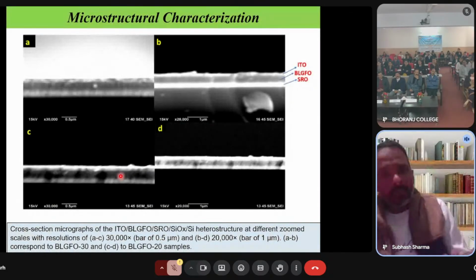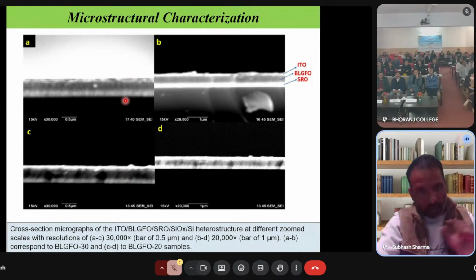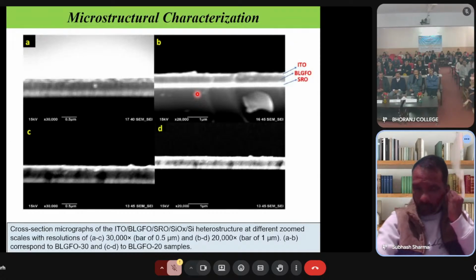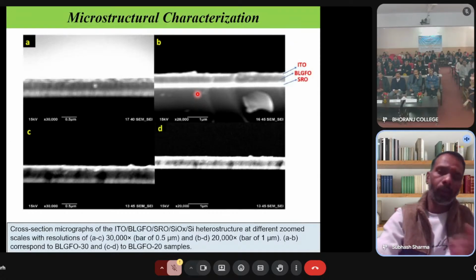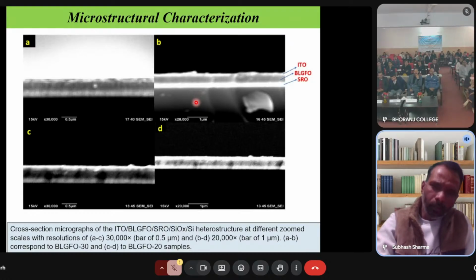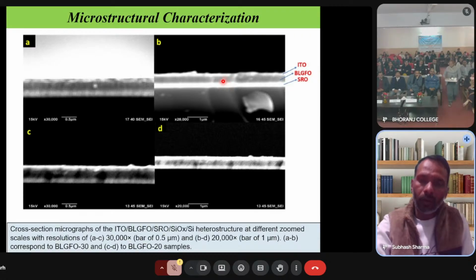Then from SEM, scanning electron microscope, we just check the interface, approximately what the thickness is. If you need it very precisely, we need to go for TEM or ellipsometry. In SEM, you can check the thickness just approximately. You can see very clearly the different contrast.